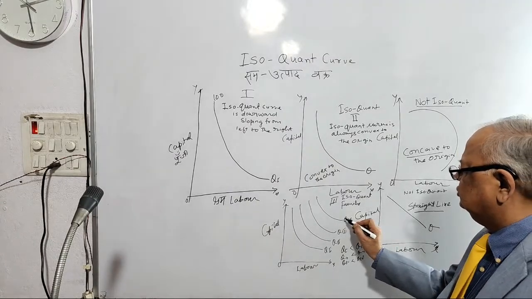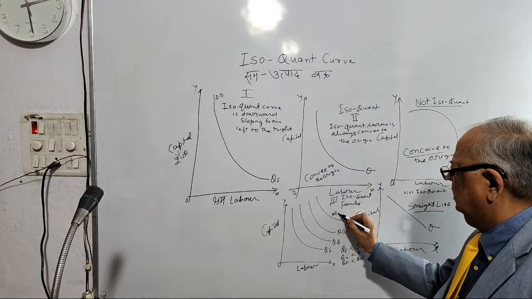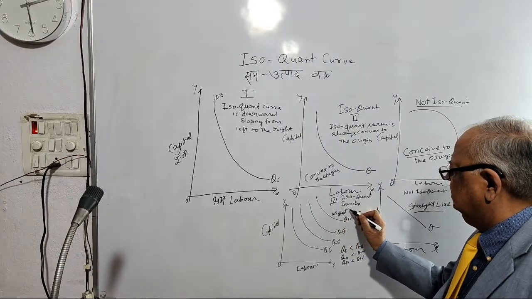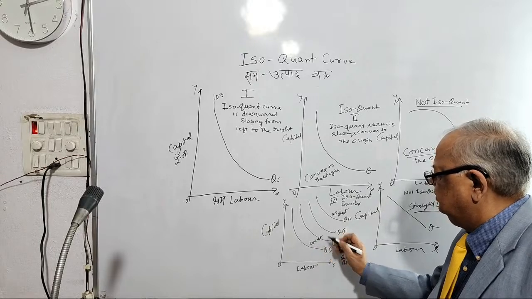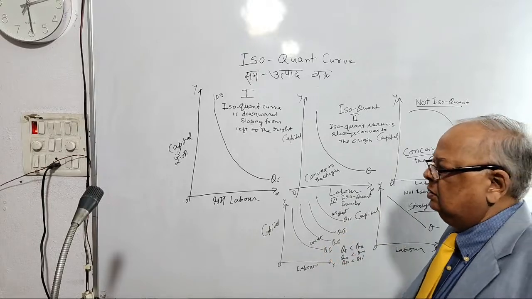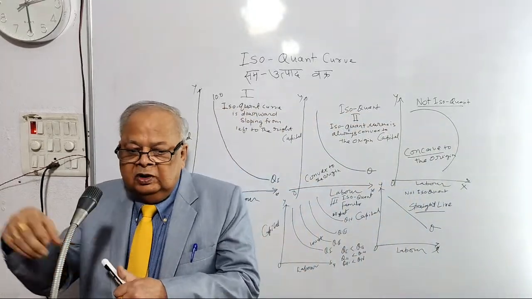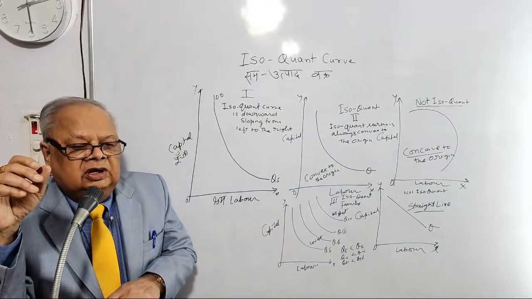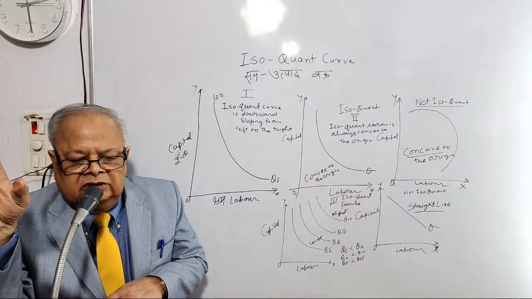This Q fourth is the highest level of production, and this is the lowest. So what we find out is that isoquant is always convex to the origin.